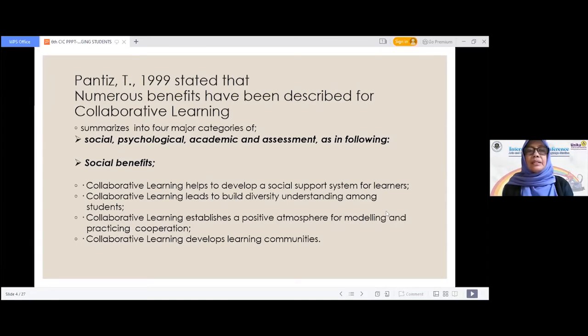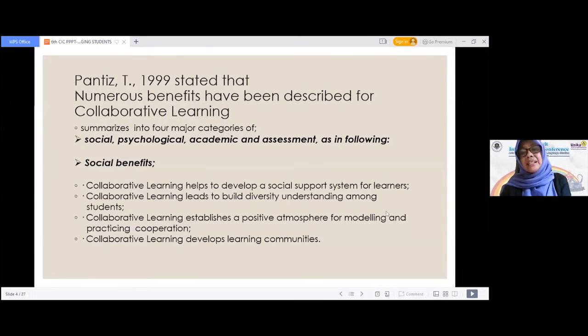And the second one, collaborative learning leads to diversity understanding among students, meaning that the project assigned has a team that should be deliberated to complete the project. The project needs one idea that should be agreed by all members.